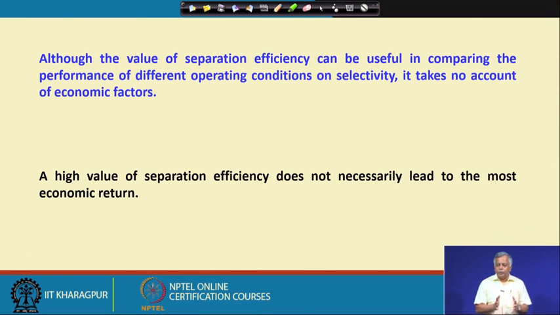We get that information when we apply this formula. A high value of separation efficiency does not necessarily lead to the most economic return.